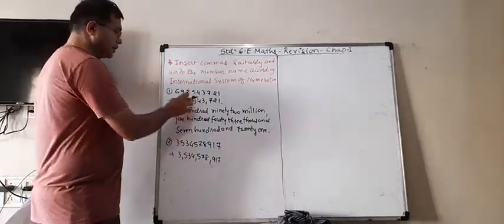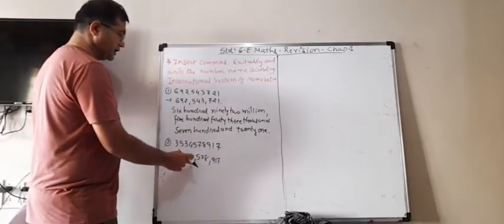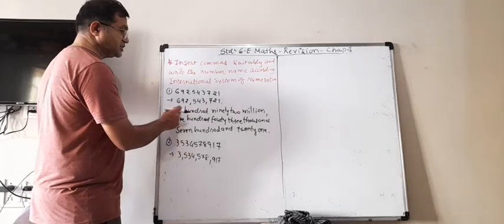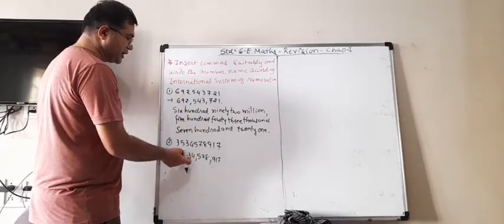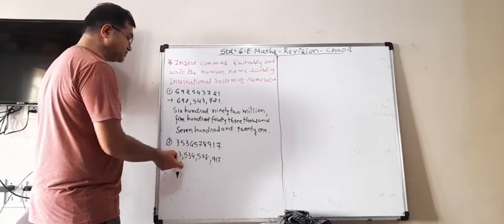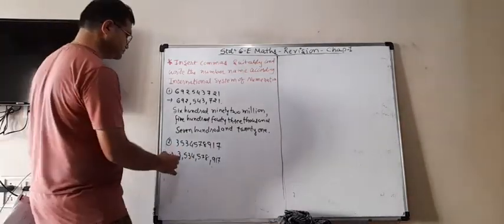So here according to that, it was million, 10 million, 100 million. So 692 million were there. Here millions are finished and then it starts billion. So it is 3 billion.